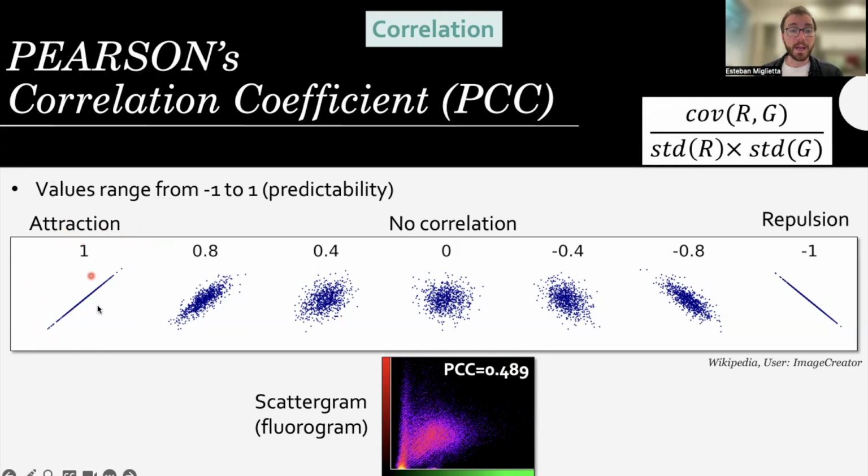So in that case, we would get a PCC value of 1, whereas in the extreme opposite case, if the red and green channel are anti-correlated, so whenever red is bright, green is dim, or vice versa, we'll get a value of -1.